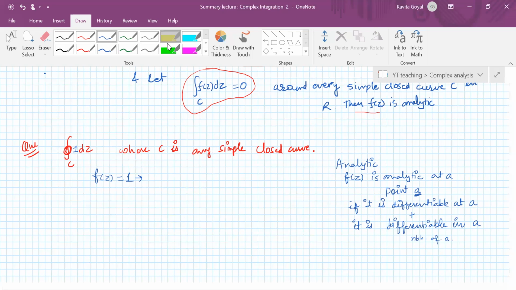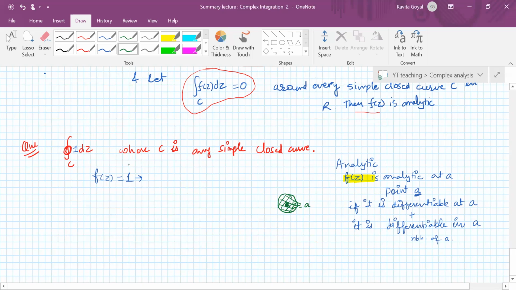So analyticity is more than differentiability. You can find a small neighborhood of z equal to a in which your function is differentiable. Then you say that f(z) is analytic at a. Is that thing clear, Minal?